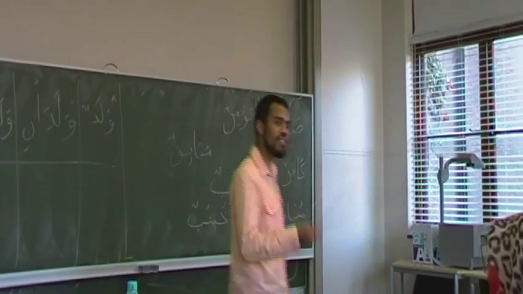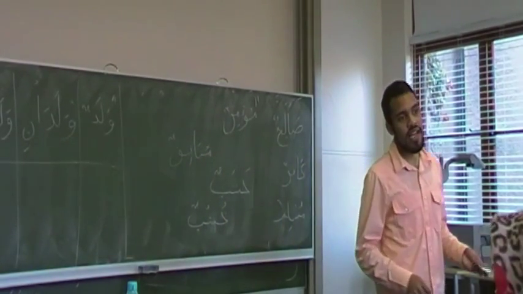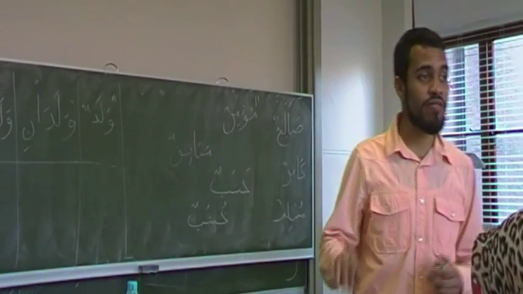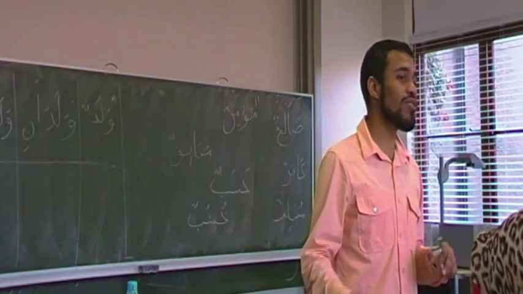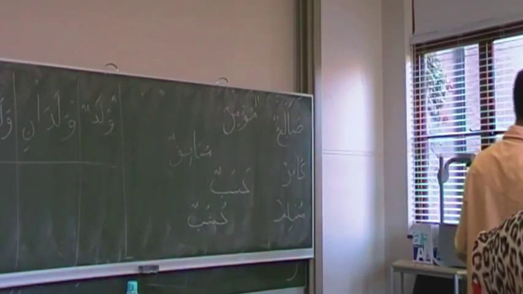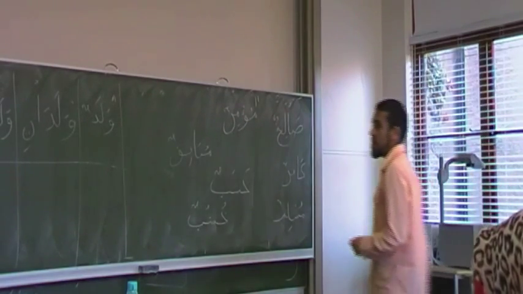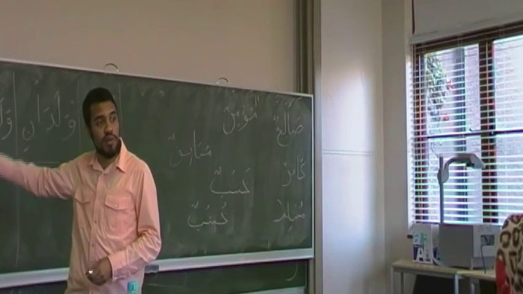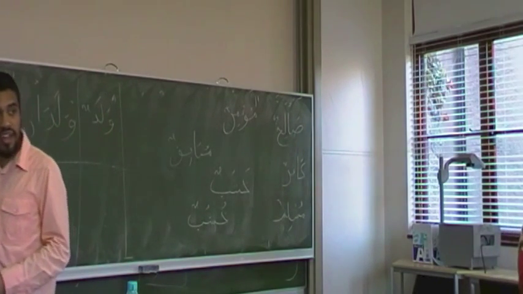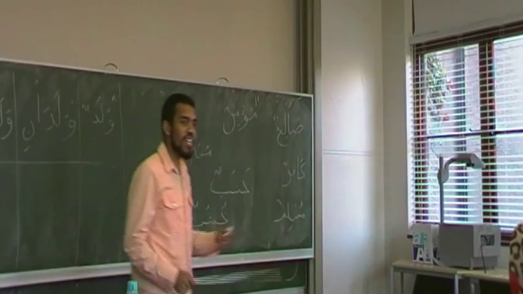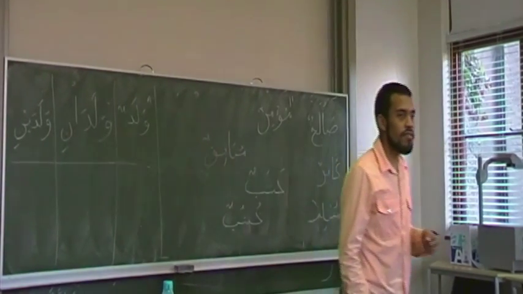Some words have broken plurals, like kalima, where sometimes the plural is used as kalam, which is the broken form, and sometimes we use kalimat, which is sound. You will see in the lesson, inshallah, that some words can have both broken and sound plurals, like kufar. So work with me.